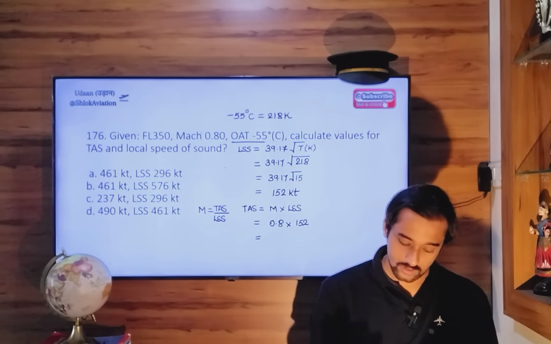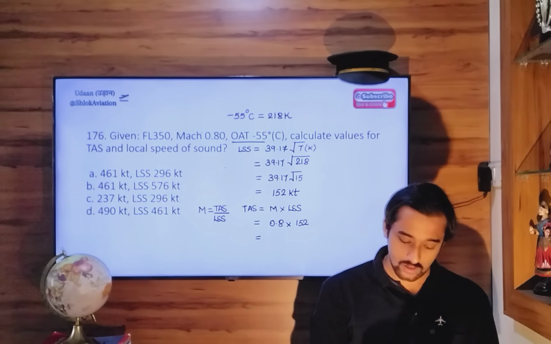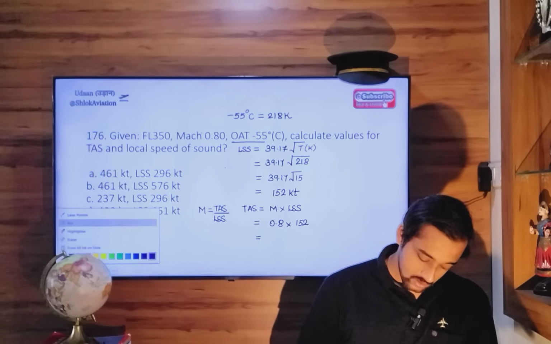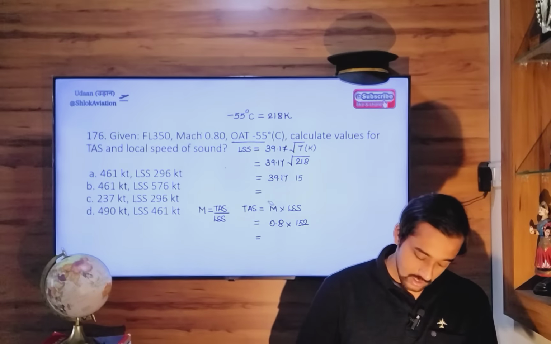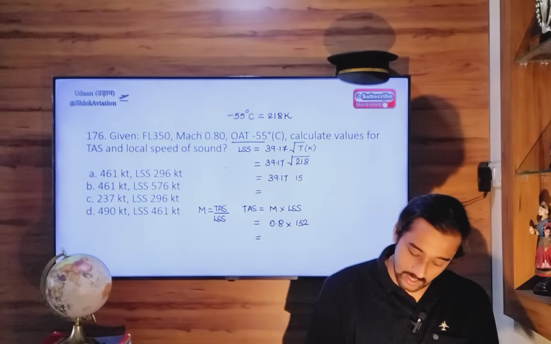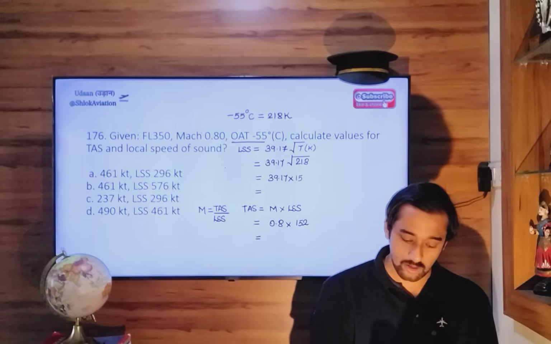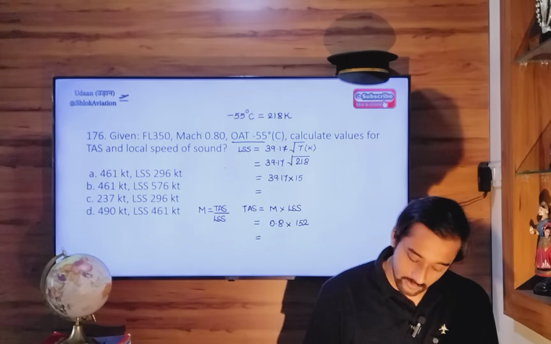The square root of 218 is 15. So this should go, and it should be 39.17 into 15. 39.17 into 15 is 587.55.